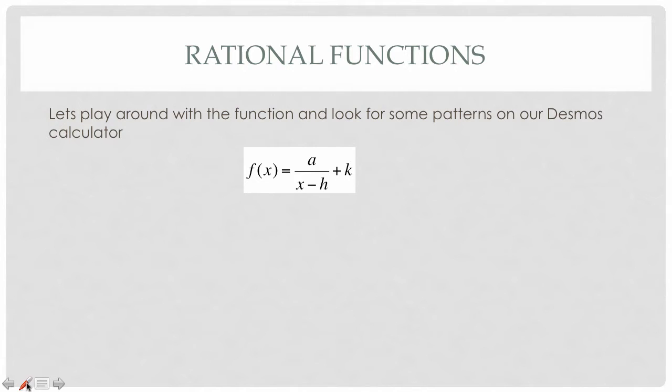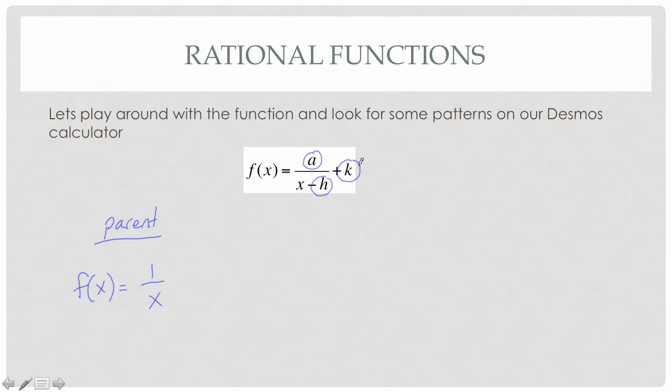And again, we like to get a sense of translation of functions. So a rational function, the parent, if I take the very most basic rational function, it's f of x equals 1 divided by x. And what we're going to see is what happens when I multiply by a on the top, what happens when I apply this plus k, and what happens when I apply this minus h.